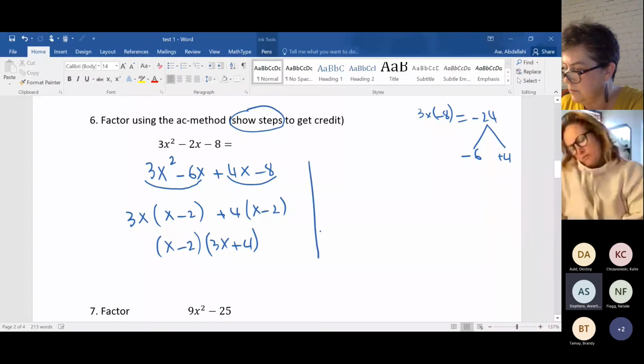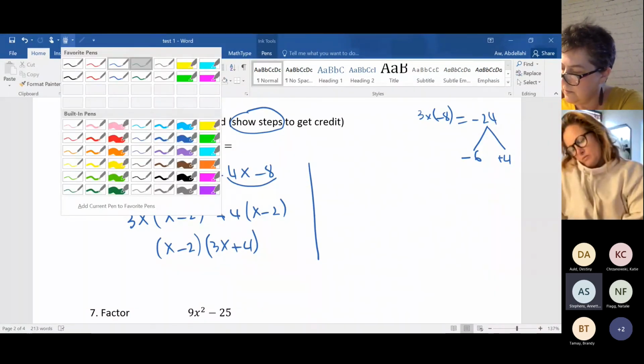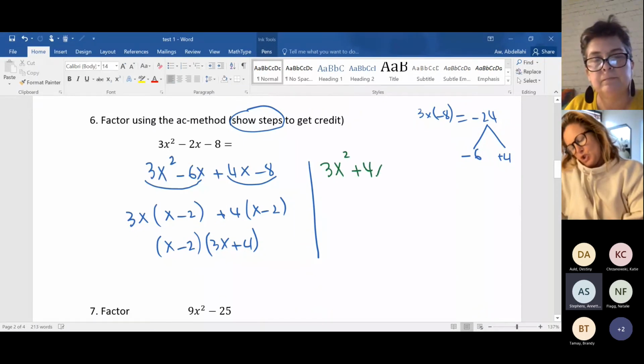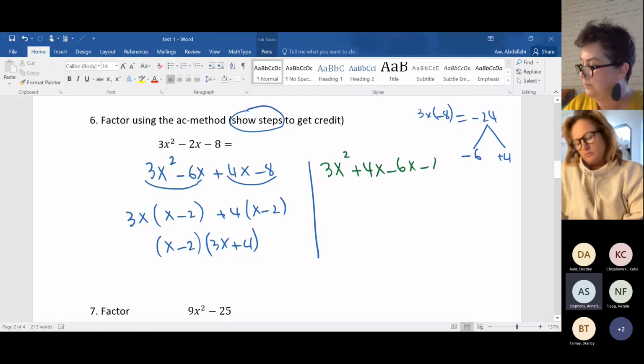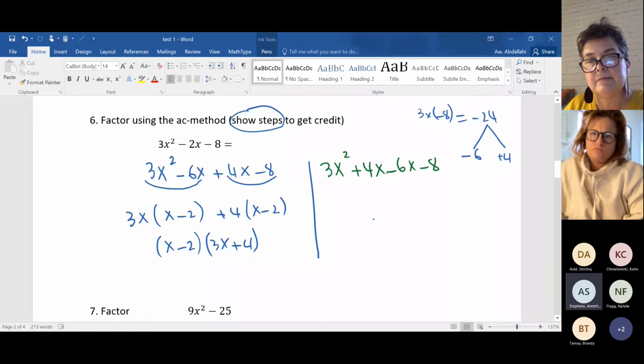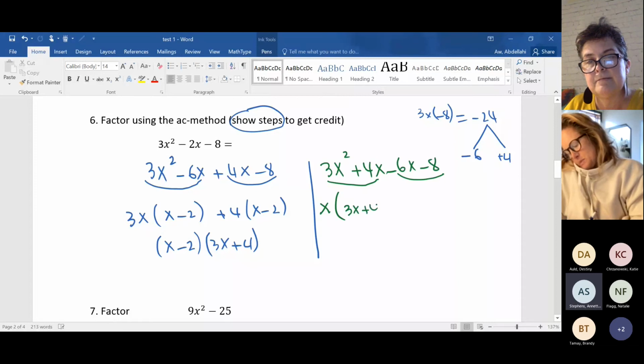If somebody else wrote 3x squared plus 4x minus 6x minus 8, this arrangement will be a little bit harder than the other arrangement because of the negative sign. You see? But still, we can do the grouping. It's going to be x parentheses 3x plus 4.